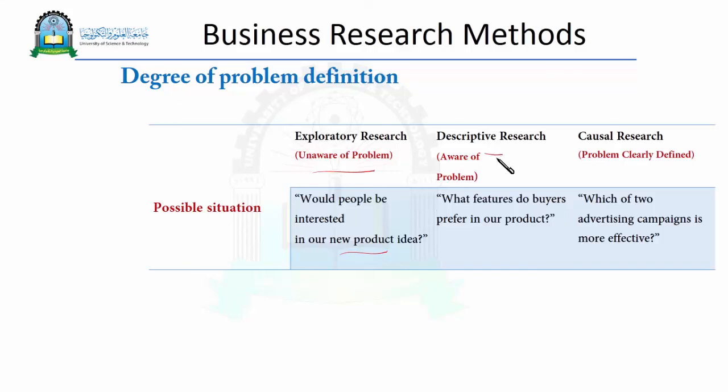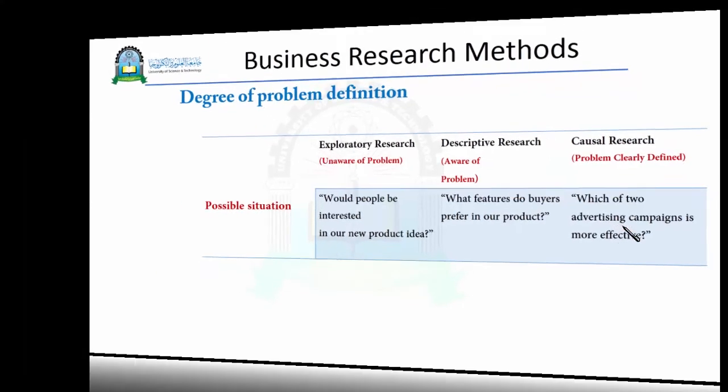In the descriptive, he is aware but not fully aware, and the problem is not clearly defined, so you're asking what features buyers prefer in our product. But in the third one the problem is clearly defined, asking which of the two advertising campaigns is more effective. So here the problem is very clear.